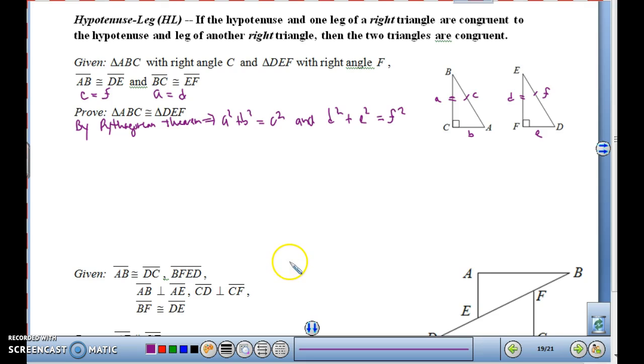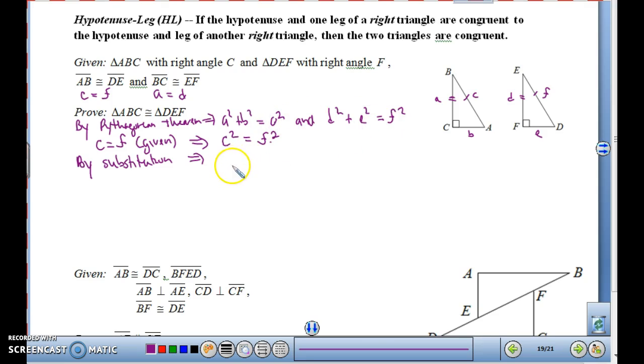Now, we are given in there that c is equal to f, which is given. So if c is equal to f, that implies that c squared is going to equal f squared. If you square them, they're still going to be equal. That's the multiplication property. So if c squared is equal to f squared, here's c squared, here's f squared.